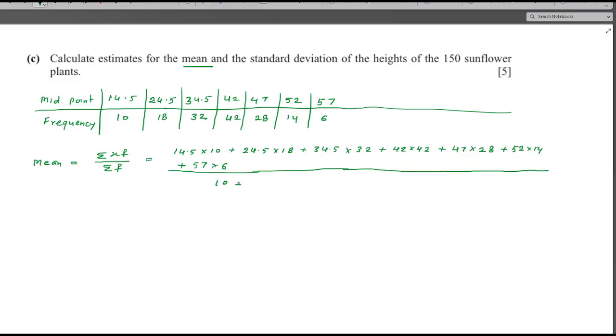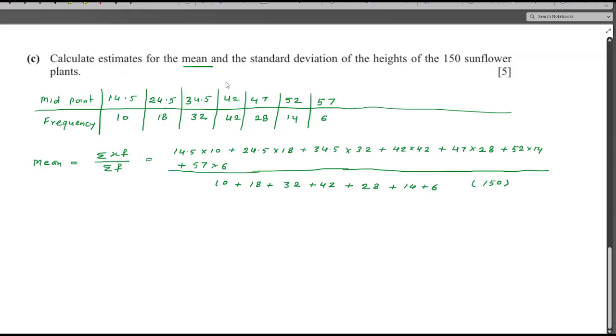10 plus 18 plus 32 plus 42 plus 28 plus 14 plus 6. The sum of these values is 150, so you can directly write 150.